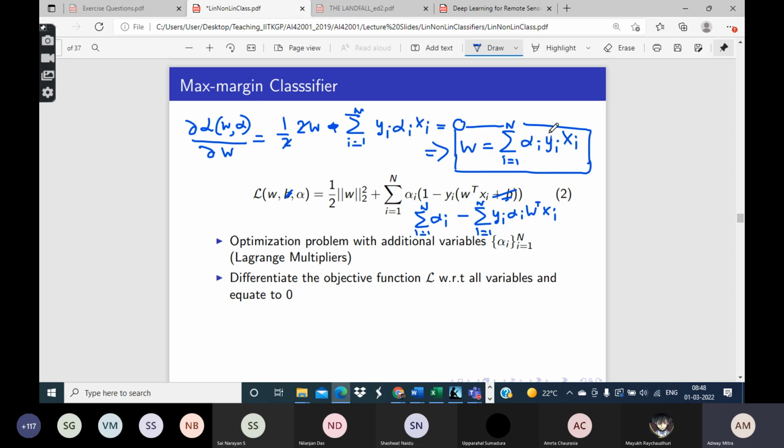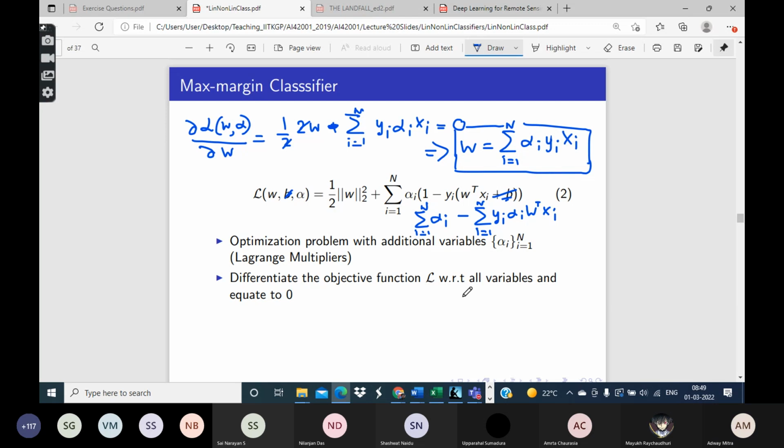Alpha is a scalar, yi is a scalar, and xi is a d-dimensional vector. So it's a d-dimensional vector multiplied by a scalar, which is still a d-dimensional vector, and you are adding up n of them, so you are basically getting another d-dimensional vector. So W will be a d-dimensional vector. Okay, so that's consistent.